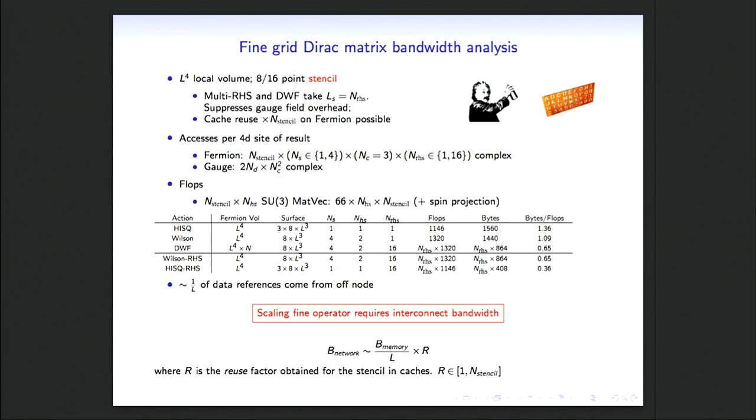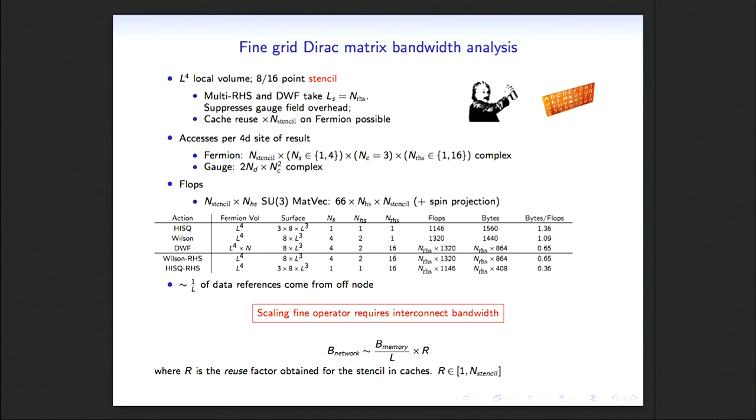Okay, so with that said, this is something that's really targeted for more the QCD audience, but we can go through and categorize how much data we access from cache, how much of it comes from memory. We process an L to the 4th subvolume on each node.